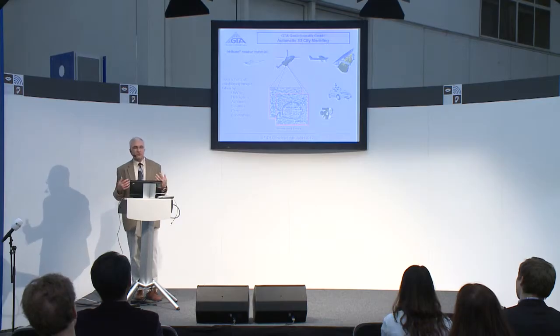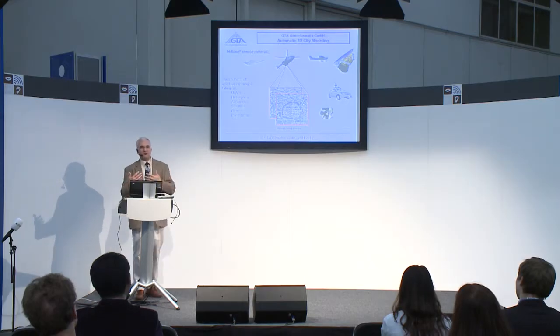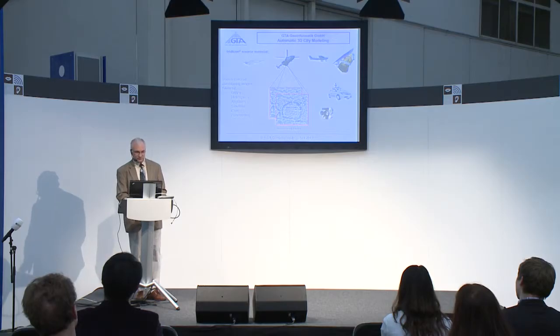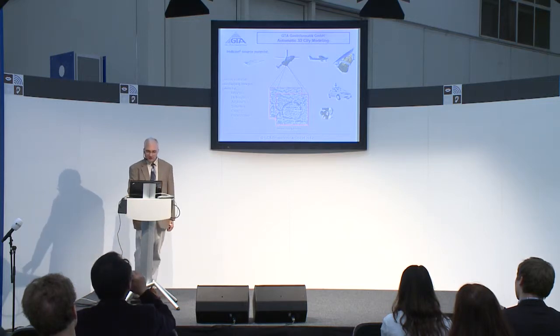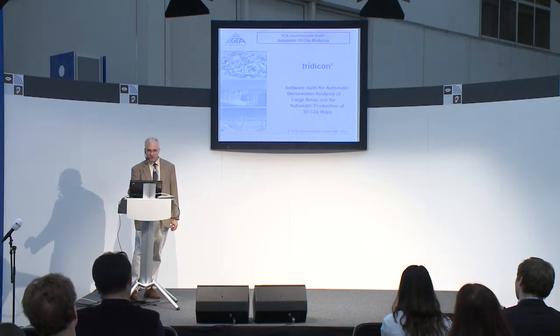Of course, you could also use LiDAR, but LiDAR has the disadvantage of not really seeing what you're doing, so you don't have the visual control of your process. Even though it's good material, so nothing against LiDAR, but I prefer to have both, but we don't have to have LiDAR. It works also with images only, as you will see.